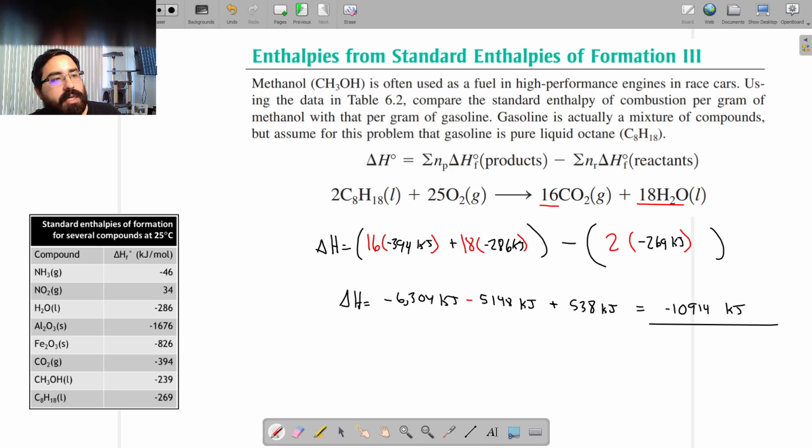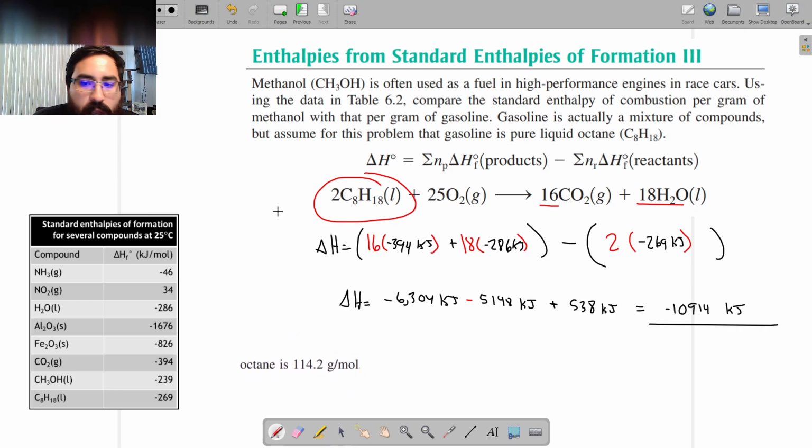Now, the same thing, remember, we are looking at octane, and octane has a molar mass of 114.2. But there are two of them because this much heat is produced from 2 moles of that. And we don't want to do it per 2 moles. We want to do it per gram. So what we do is we divide by 2 times the molar mass because it's 2 moles.